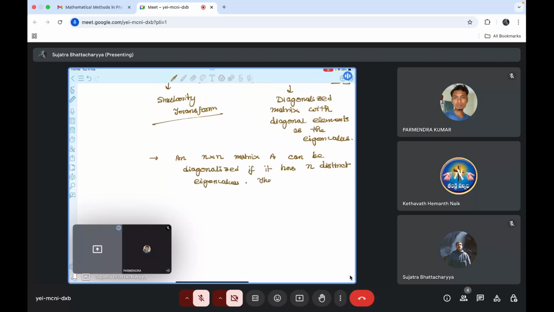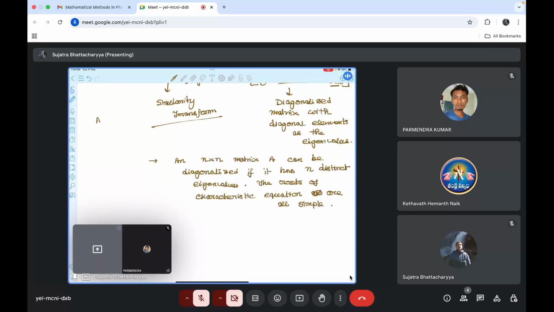Okay, the roots of the characteristic equation are all simple. What is the characteristic equation?